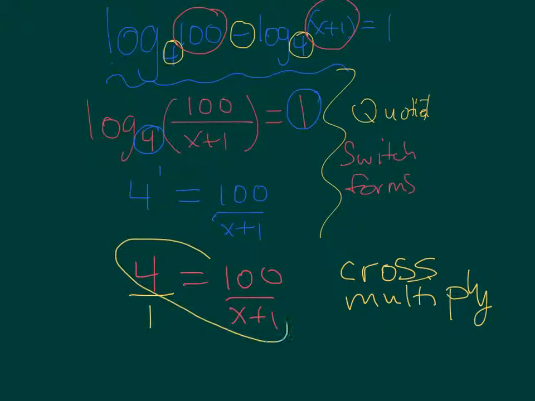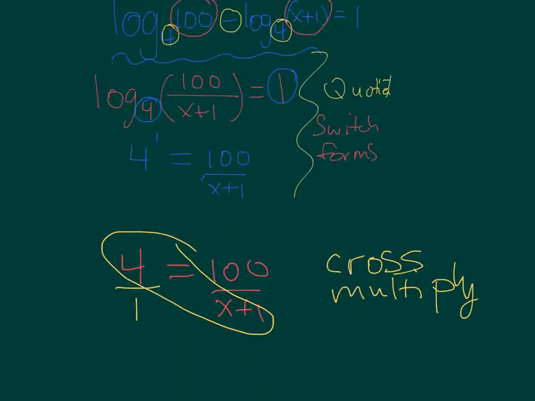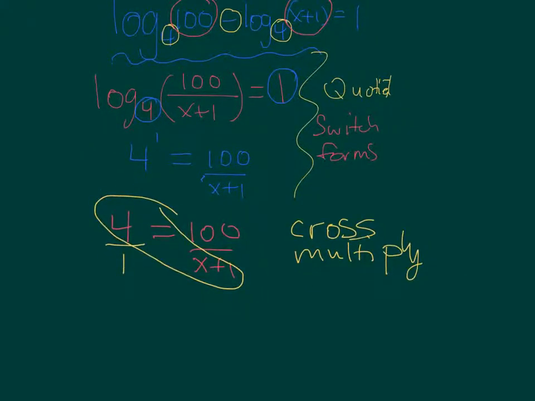So 4 times x plus 1 is equal to 1 times 100. It's my little butterfly.